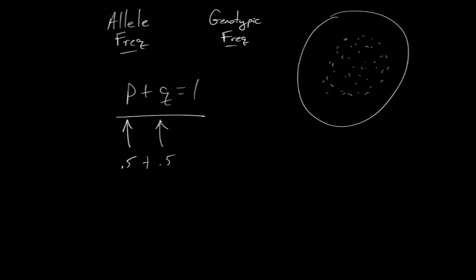Think of this as a gene pool, and whatever's in there is 100%. Instead of putting 100% in the equation, we just put 1. So if 50% are p, then the other 50% must be q, because that's the only other option.